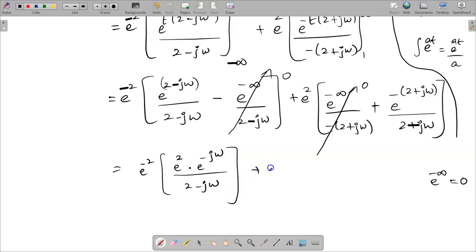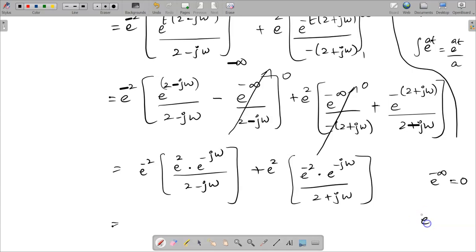And then coming to the second term, it is e power 2. Then again as usual split this numerator term, it is e power minus 2 into e power minus j omega, divided by 2 plus j omega. And again we know that e power minus 2 into e power 2 is 1, meaning that this and this get cancelled, it becomes 1.